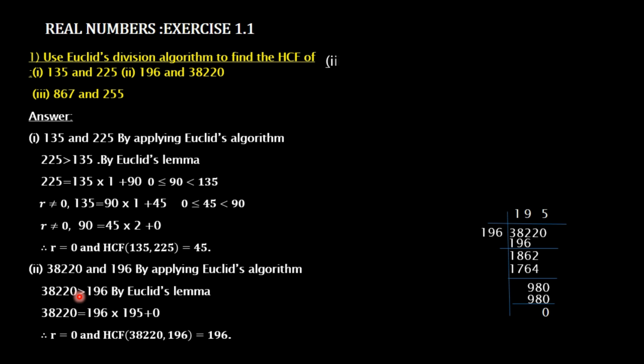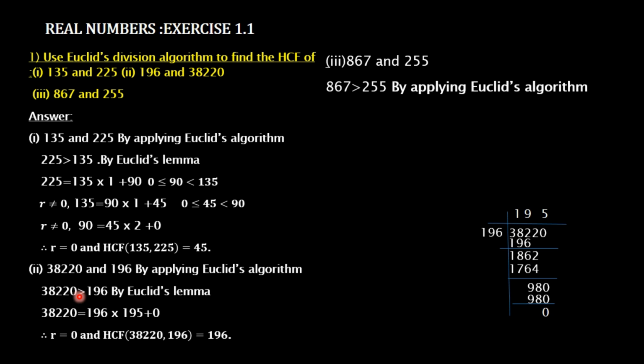It is also an easy problem. So we have to find the HCF of 867 and 255. Then 867 is greater than 255.